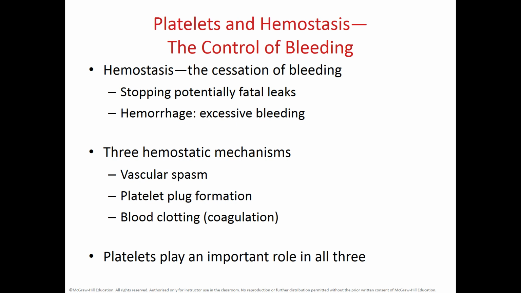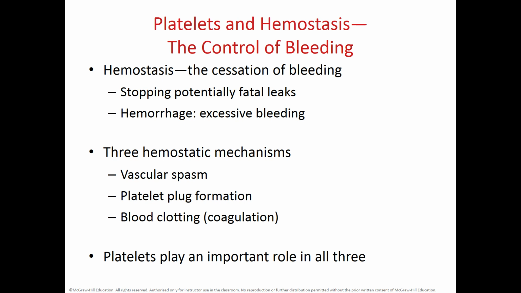And the platelets are important in hemostasis, which is the cessation of bleeding. So these are important then to stop potentially fatal hemorrhages. And we have three hemostatic mechanisms. So when someone has an injury, the blood vessels are going to constrict, or they are going to reduce their diameter.